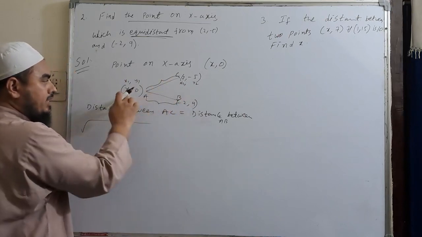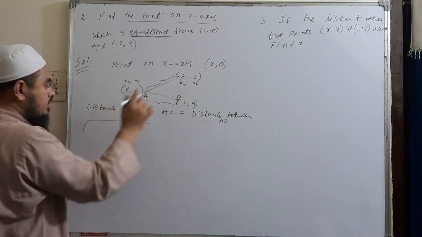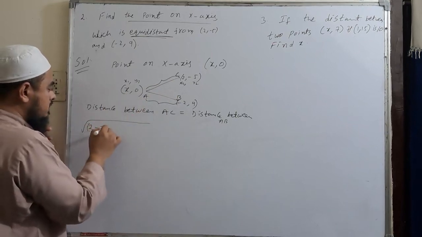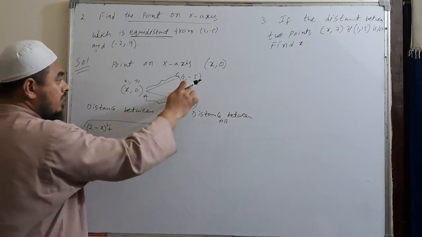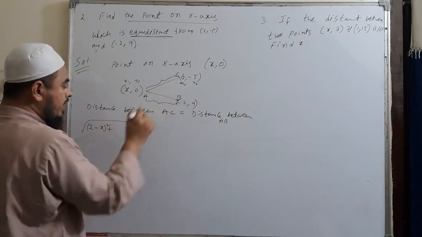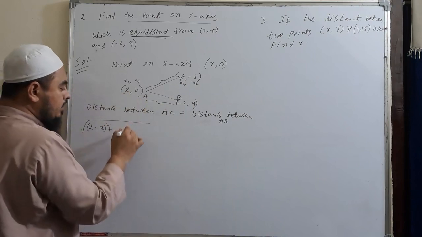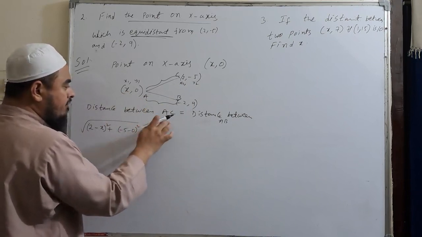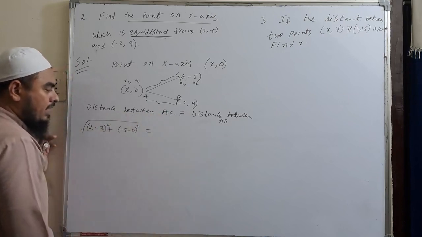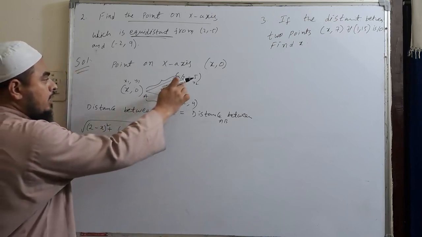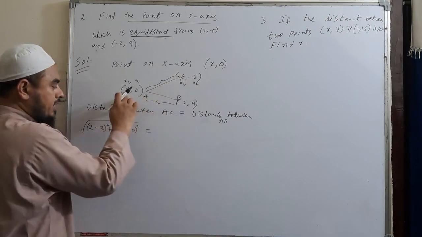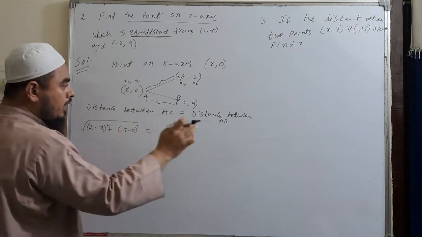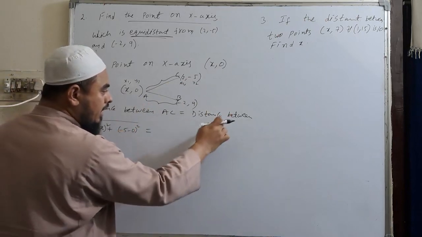So x2 minus x1 you are going to write, x2 is 2, 2 minus x whole square, plus here we have y2, that is minus 5, and here 0, minus 0 square. Okay, this is for the left hand side, that is distance between AC. Right hand side, distance between AB.